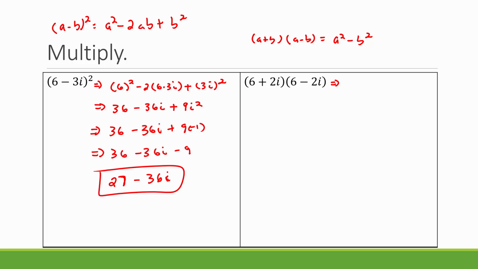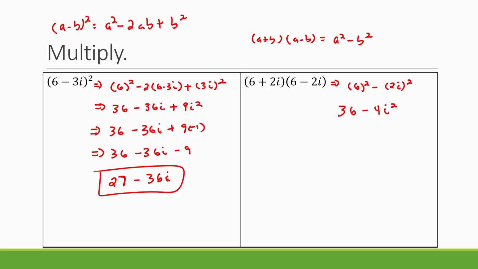Okay, so using the shortcut, that will give us 6 squared minus 2i squared. 6 squared is 36. 2i squared, square each one of those factors, would be 4i squared.